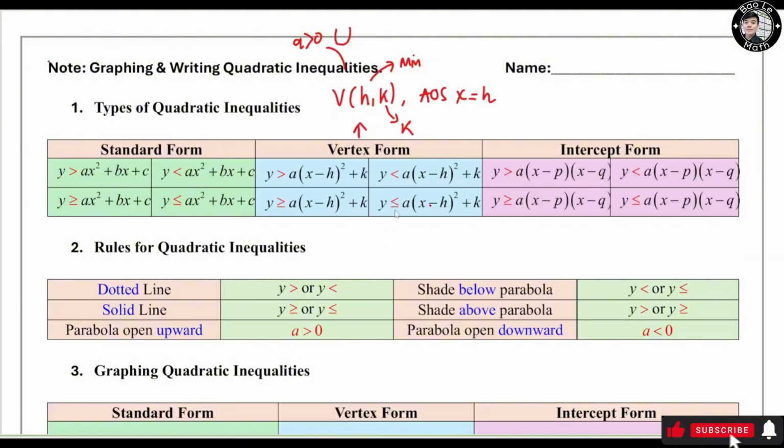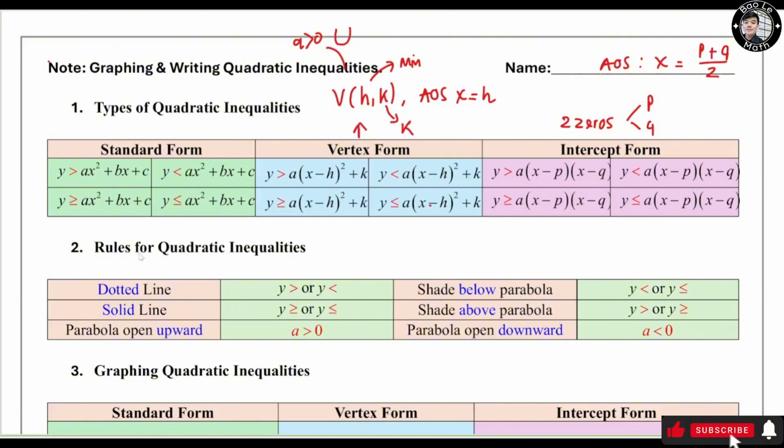Now for the intercept form, you have two zeros, p and q, and the axis of symmetry is x equals (p plus q) divided by 2.